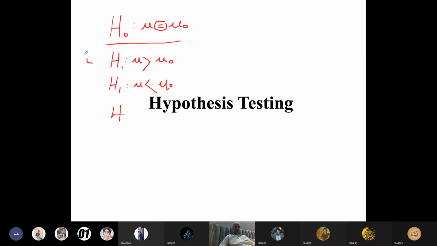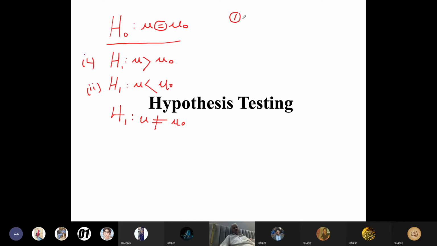So three alternatives exist against the null hypothesis, against the equal sign. There is a greater than, less than, and not equal. So as far as your problems are concerned, we will be attempting the problems within 5 steps.